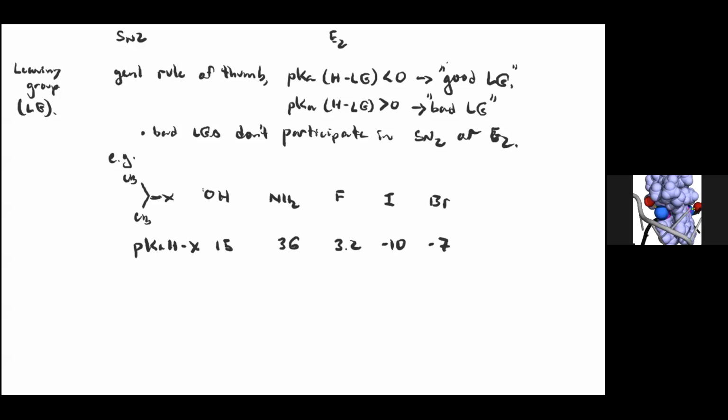And so, just to be super clear, HX is H2O here, is ammonia, H3N, is HF, is HI, is HBr, okay? And so we would say that OH and NH2 are bad leaving groups.